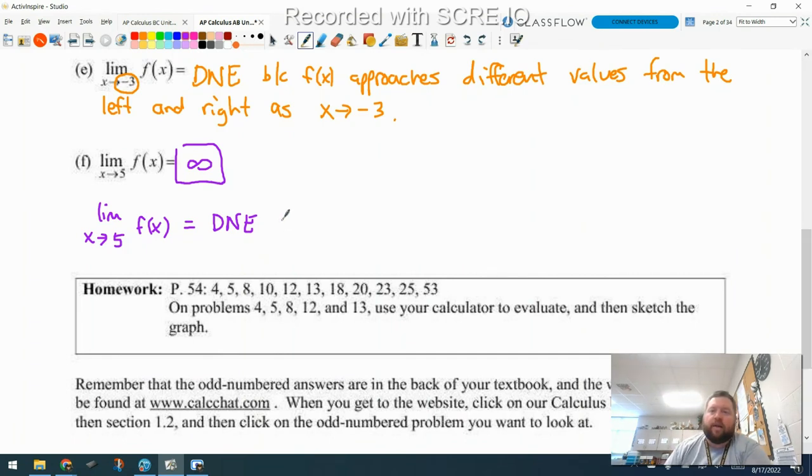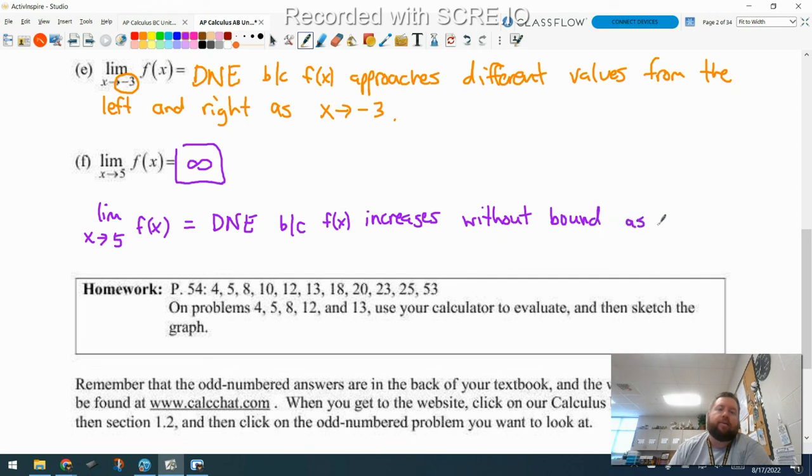And so what we would have to explain here is because f of x increases without bound as x approaches 5.